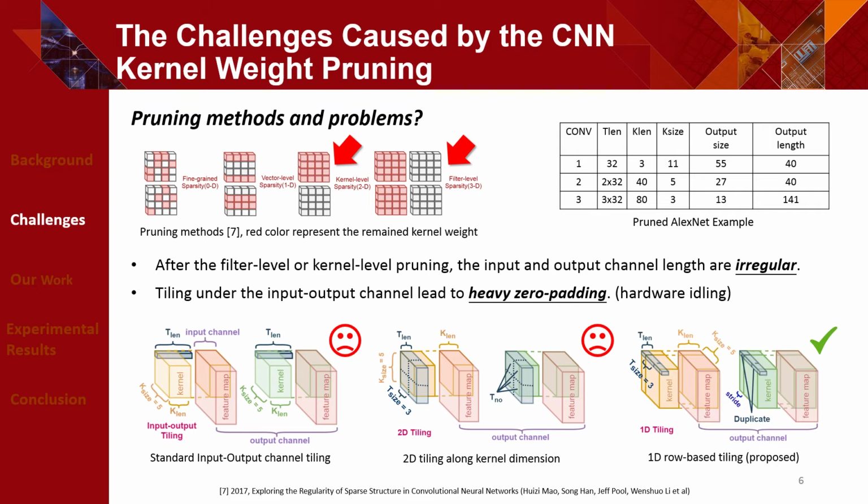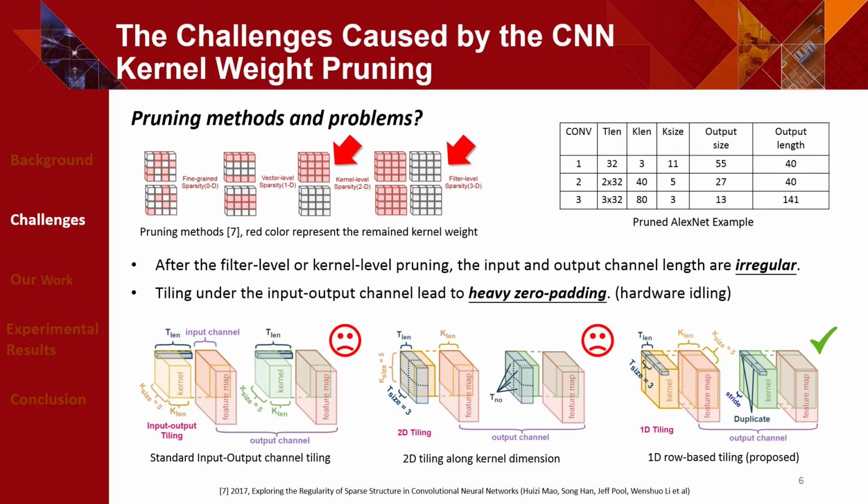So in order to really solve this problem, we propose a 1D row-based tiling, in which we only tile along the width, and we fix the input channel length to 1. Then we can work along with the output channel tile as well. We also duplicate the kernel in order to compute the stride in parallel, so we do not waste any hardware resources and fully utilize the resources we have.